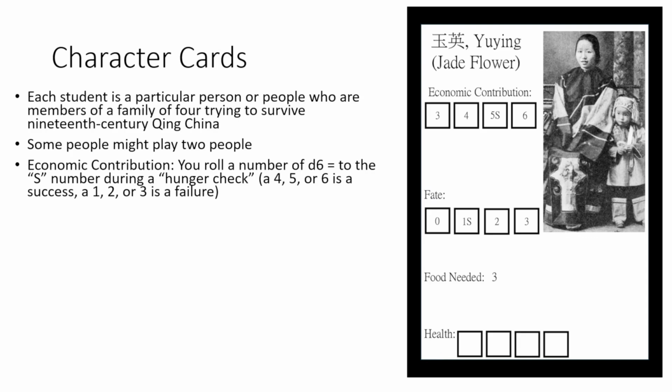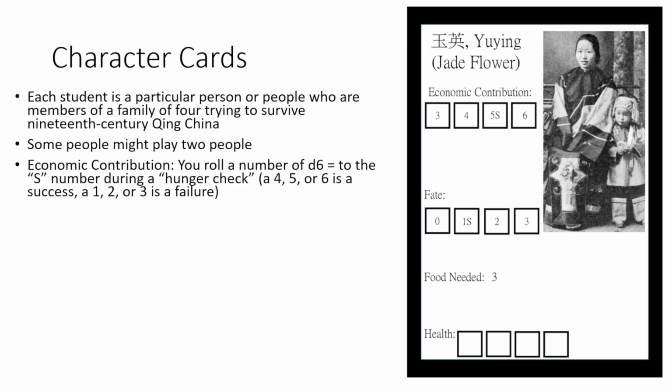On this card, for example, Yu Ying, there is an S next to the 5. The S stands for start, so that's where you begin. You begin with the economic contribution of 5, meaning she would roll 5 dice during a hunger check. You'll notice too that there are numbers that can change. You can go up or down. If that happens, you would just mark the card.